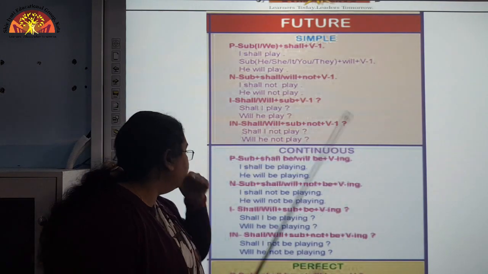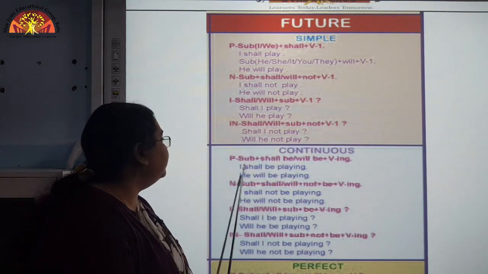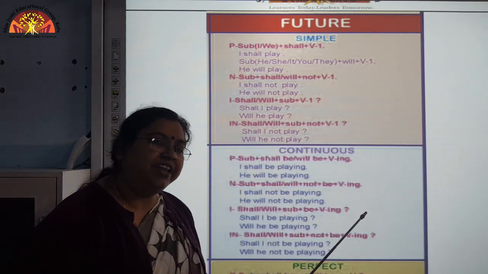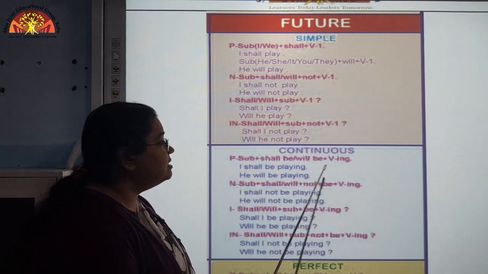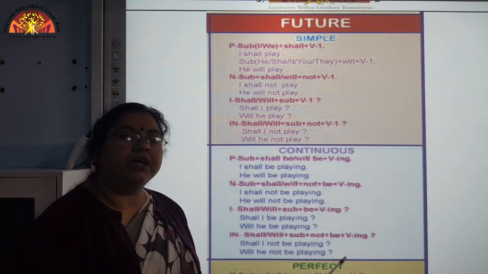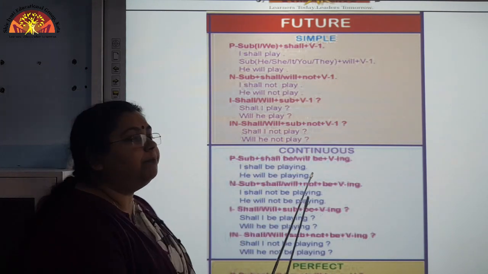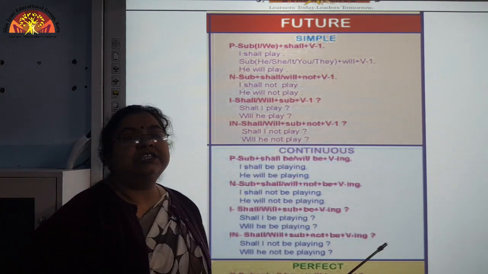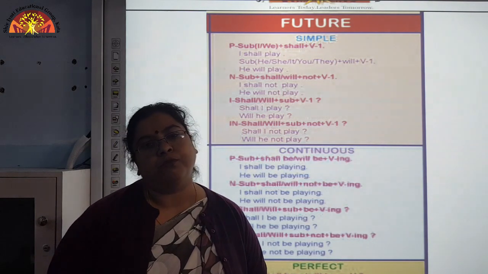So, the structure of the sentence will be subject plus shall be or will be. So, be is being introduced plus ing form of the verb. So, the sentence will be, I shall be playing, he will be playing, she will be writing a letter tomorrow.